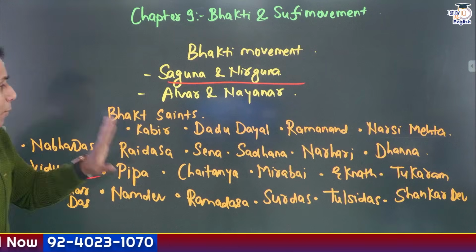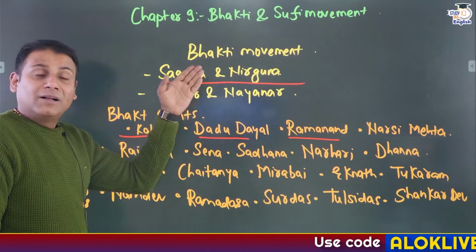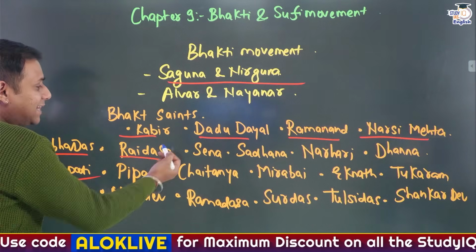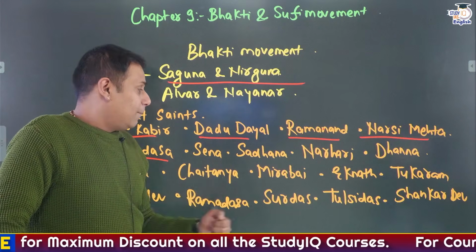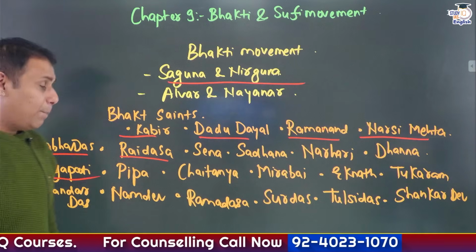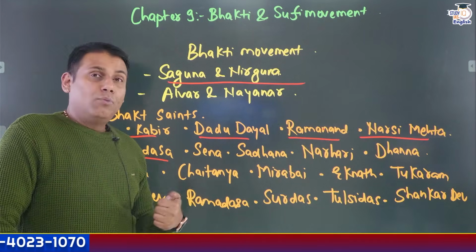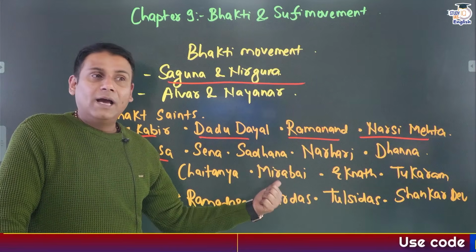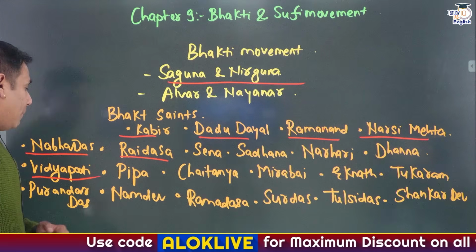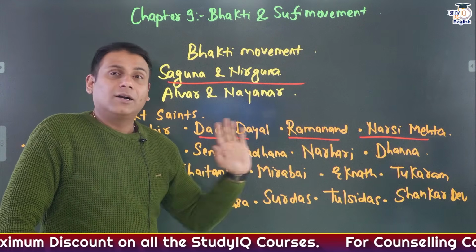So read about important Bhakti saints such as Kabir, Dadu Dayal, Ramanand, who is considered the first Bhakti saint of North India, Narsingh Mehta, Nabhadas, Raidas or Ravidas, Sen, who was a barber, Sadhana, who was a butcher, Narhari, who was a goldsmith, Dhanna, who was a Jat peasant, Vidyapati, Pipa, who was a Rajput prince, Chaitanya Mahaprabhu, Mirabai, the princess from the Sisodia clan, then Eknath ji, Tukaram ji, Ramdas ji, Purandar Das ji, Namdev ji, Surdas, Tulsidas and Shankar Dev.